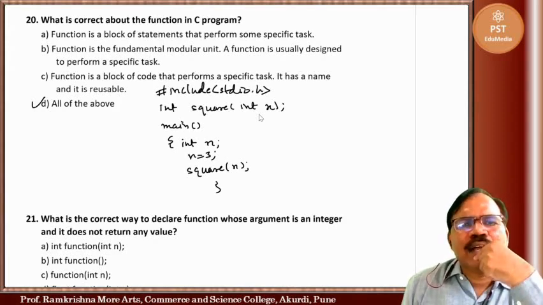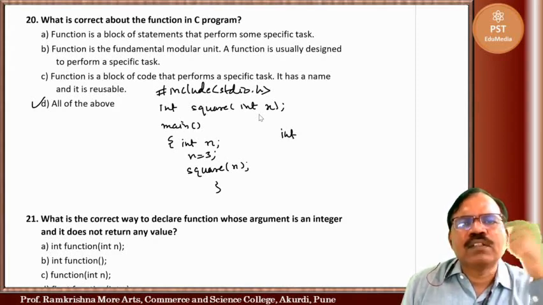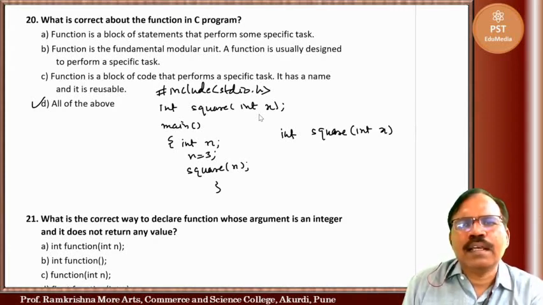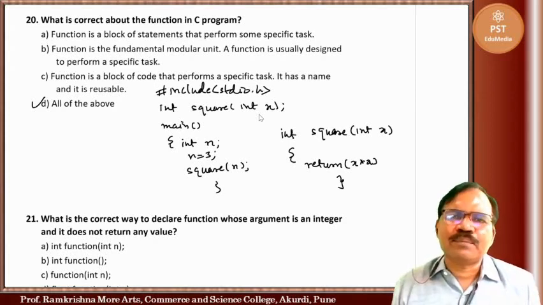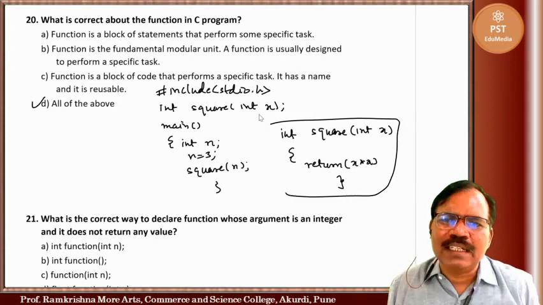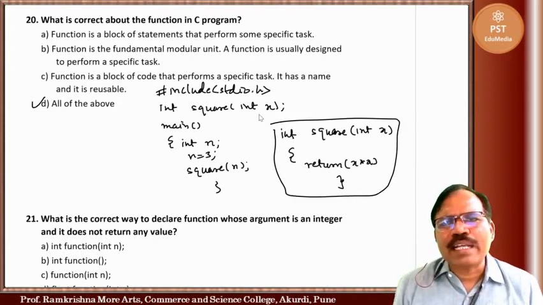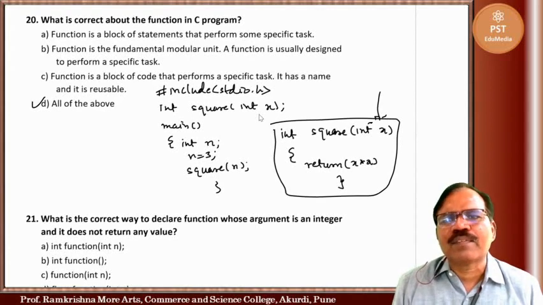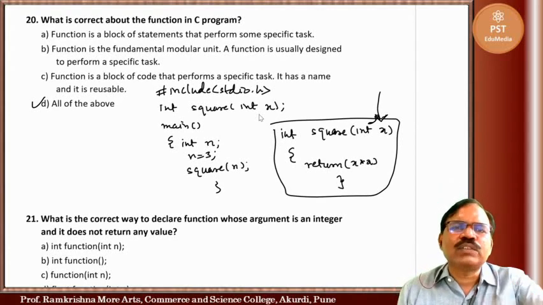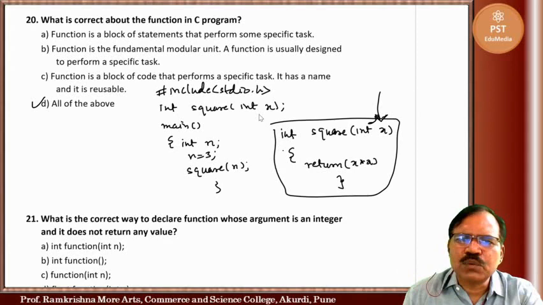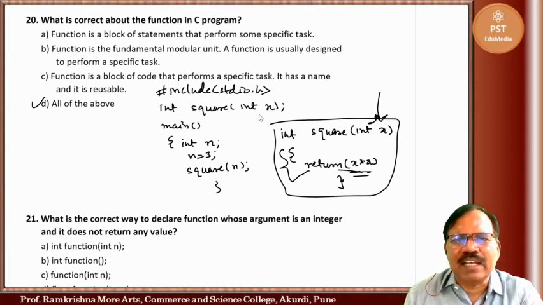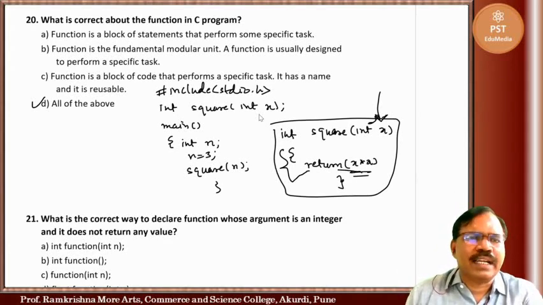Then here I write the square function: int square(int x), and here return x*x. So what is the function of this function? To find the square of whatever value is given to that function, and you can use that function any number of times. So it has a specific task, it will return a single value. So all are correct.